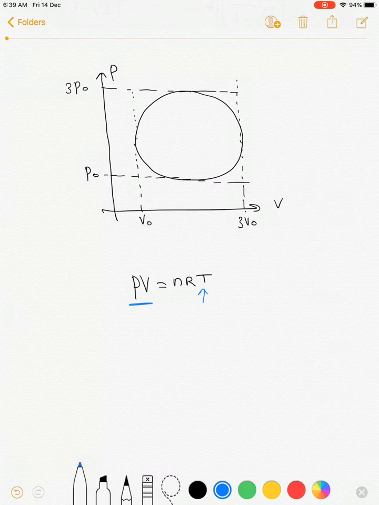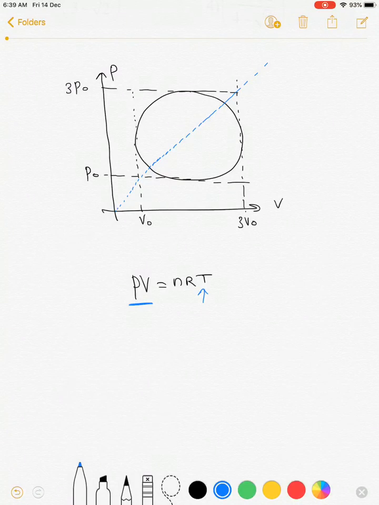Now we can find out the points where the value of P is equal to V. If you draw a line which makes an angle of 45 degrees with respect to the P axis or V axis, then at each and every point the value of P and V will be the same.